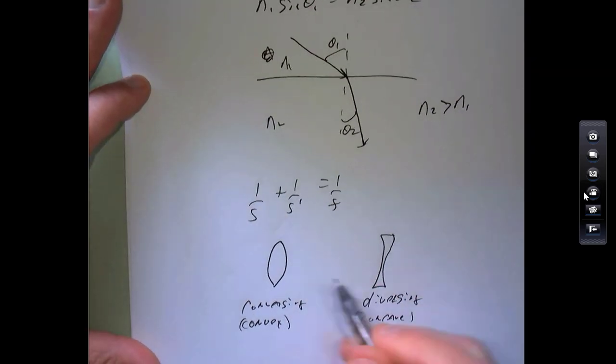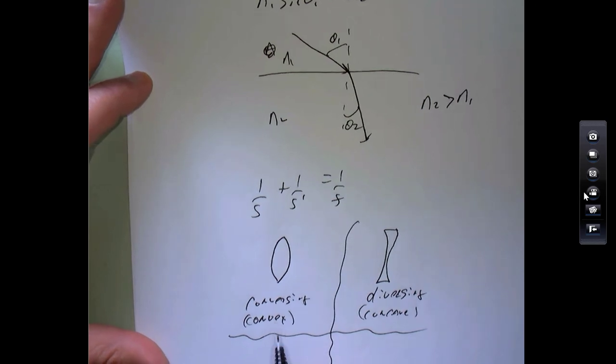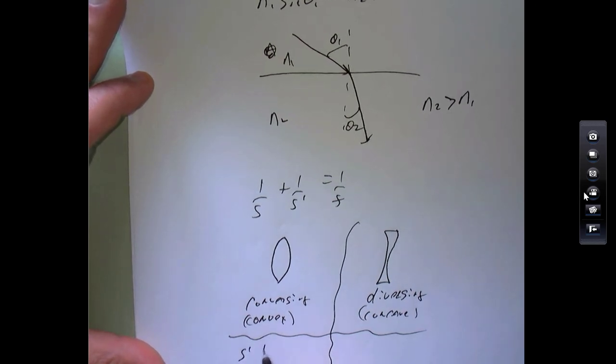For this kind of lens, s prime could be positive or negative. For this kind, s prime is only negative. Focal length here is positive. Focal length here is negative. For either case, s is positive. Remember, s is the object distance, this is the focal length, and this is the image distance.